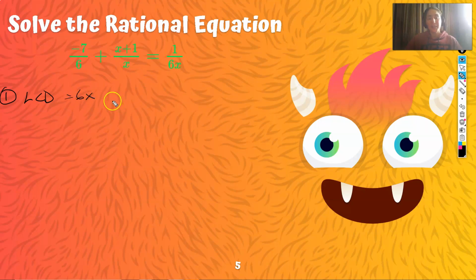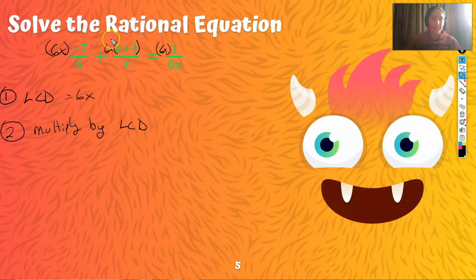Now I'm going to take 6x and multiply it by every term. So step 2 is to multiply by the LCD, everything. I'm going to multiply 6x here, 6x here, and 6x here, in parentheses. Now, why am I doing this?